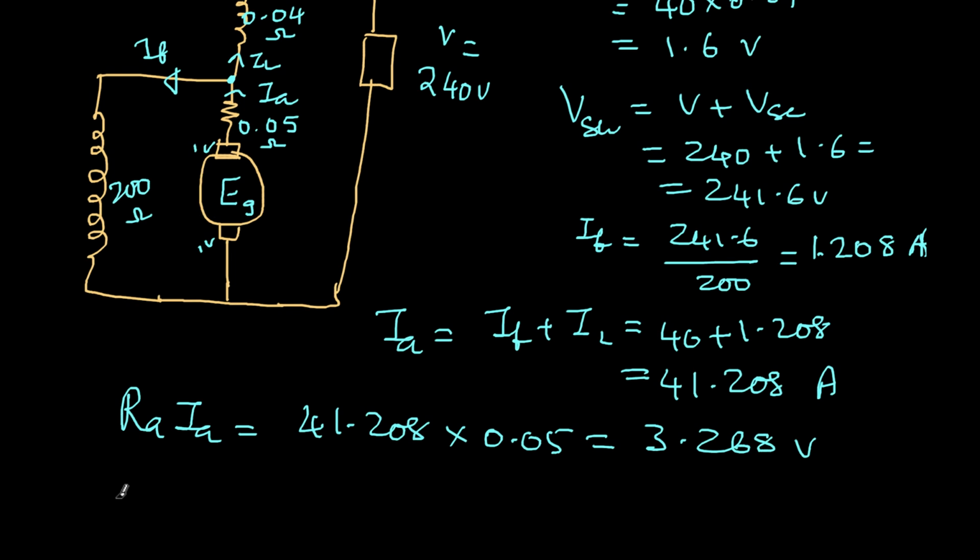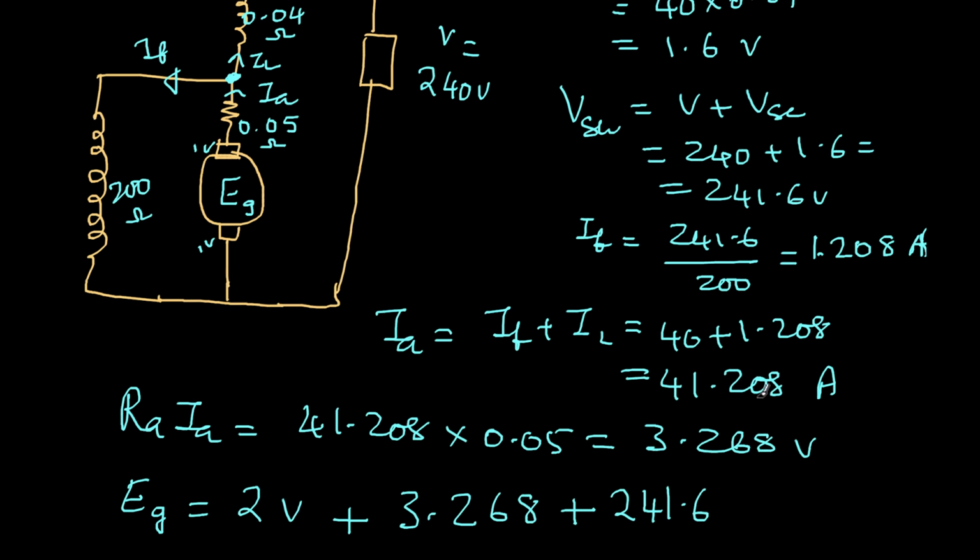So therefore, from all these things, I can find out the generated EMF. That will be 2 volts for the brush contact drop, plus the voltage drop in the armature winding, that is 3.268 volts, plus I already know the voltage of this point, which I already calculated earlier, 241.6.